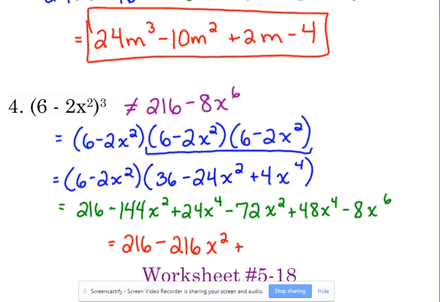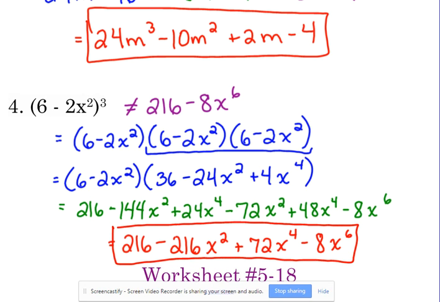Plus 72x to the fourth minus 8x to the sixth. Did I add those numbers correctly? Yeah, what y'all got if you did it in the calculator?